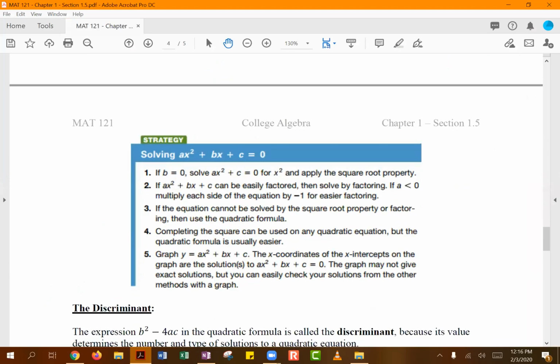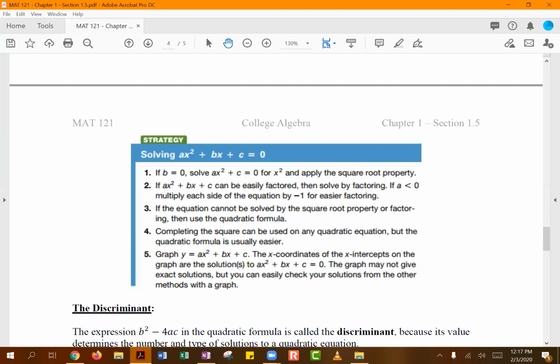Then on the next page, they're just summarizing the steps. And in this case, they're basically saying if you don't even have a middle term, you don't have an x term, you just have ax squared plus c, you can actually directly apply the square root property, which would technically mean take the c to the other side, divide everything by a, get your x squared by itself, and then use the square root property.